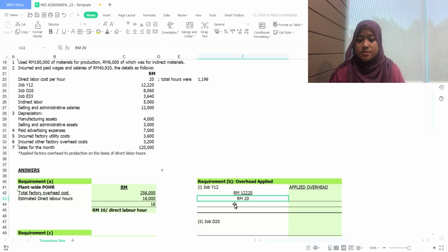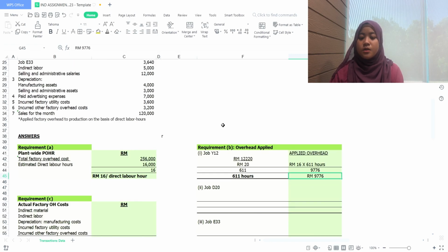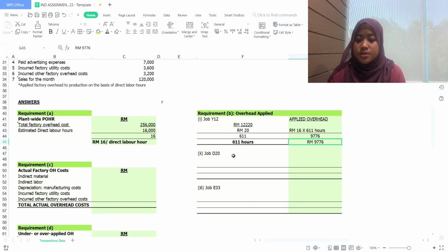We get 611 hours. So we have to times the POHR and the hours. So 16 ringgit times 611 hours, we get 9,776 ringgit. So next we go to the job D20.